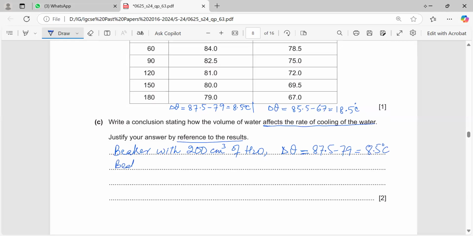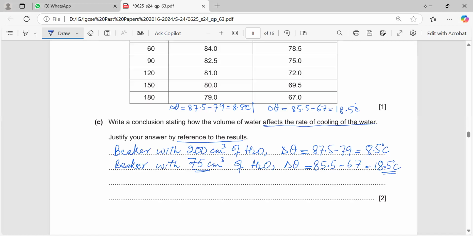Then the beaker with 75 centimeter cube of water: delta theta is equal to 85.5 minus 67, that is 18.5 degrees Celsius. So what can we observe? When the volume of water is less, rate of cooling is more.